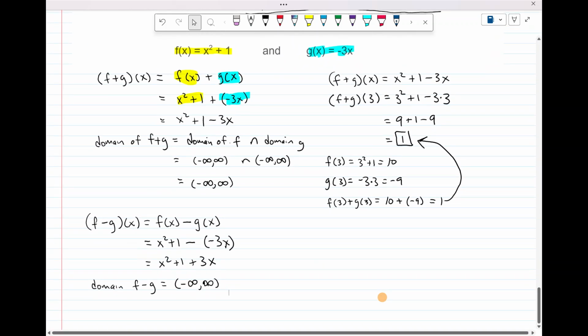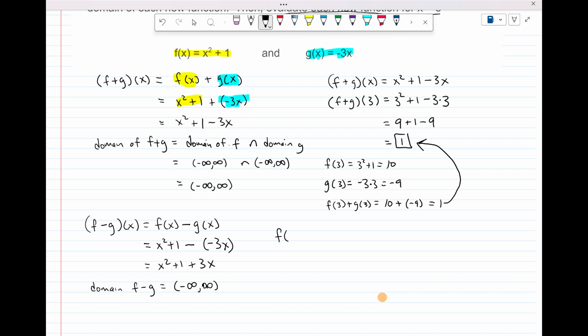Next, let's evaluate this new function for x equals 3. First, I always like to start with the actual function with x. So I'm going to rewrite my function, and then I'm going to plug in x equals 3.